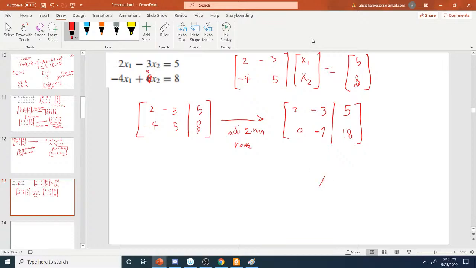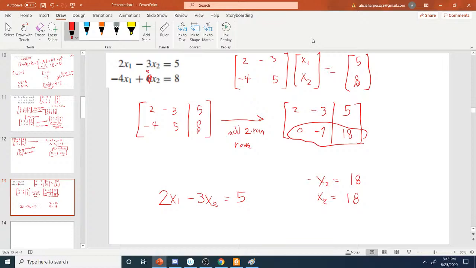So I would get negative x2 is equal to 18, which is the same as x2 being equal to 18. So I'm starting from the bottom here. And then the next equation up would tell me that 2 times x1 minus 3 times x2 is equal to 5.